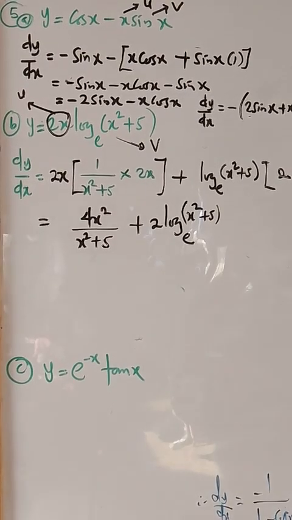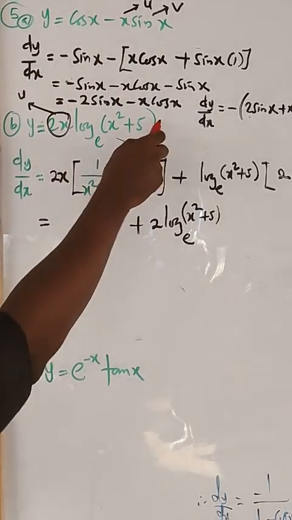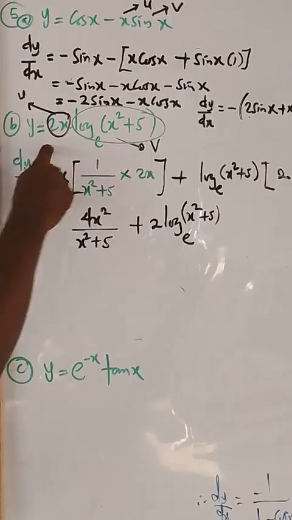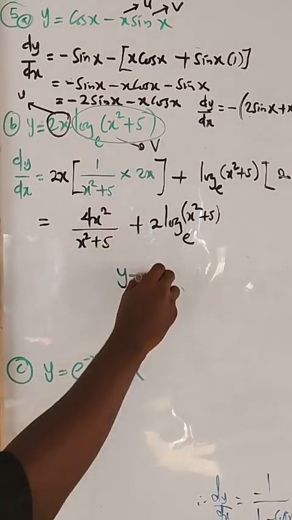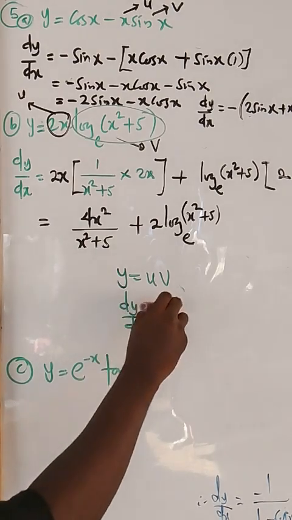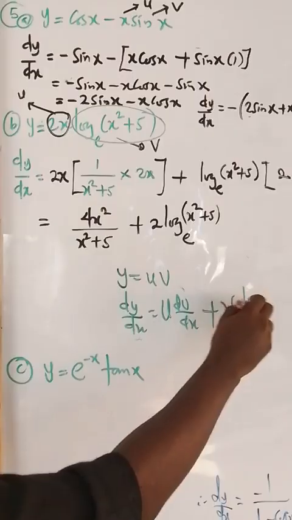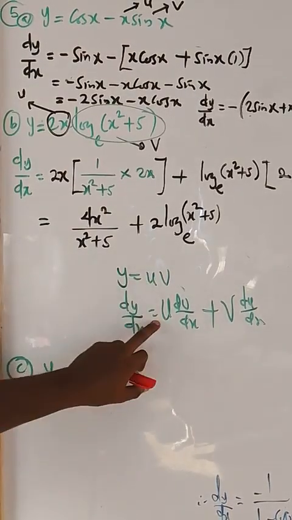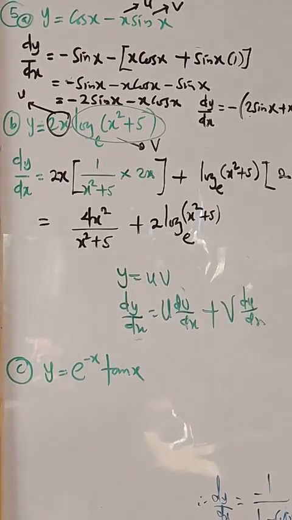Let me re-explain. This is u. Everything here is v. So if y equals uv, dy/dx is u dv/dx from product rule plus v du/dx. Meaning, you leave the first, you differentiate the second. Then you leave the second, differentiate the first.